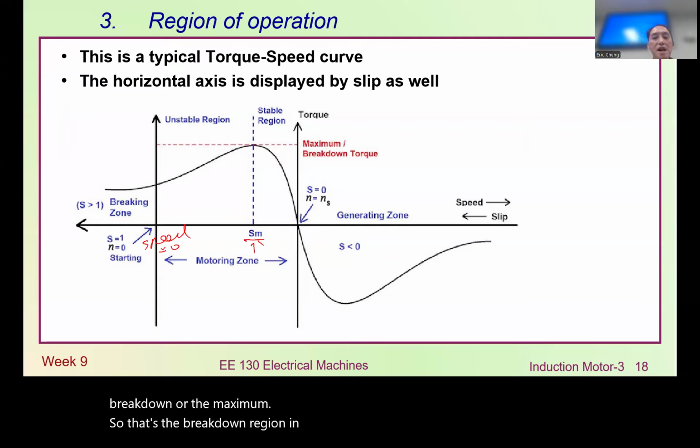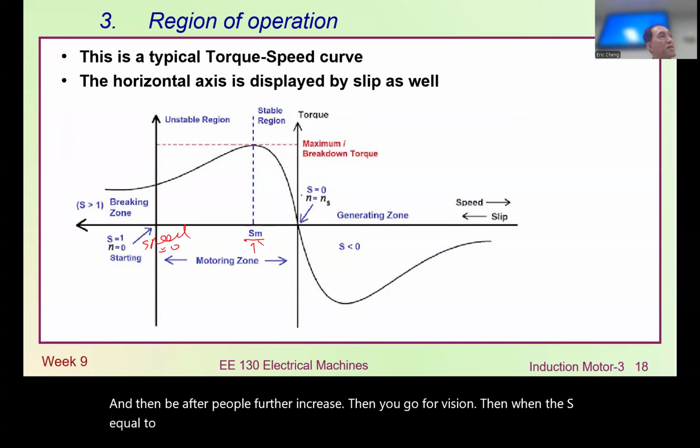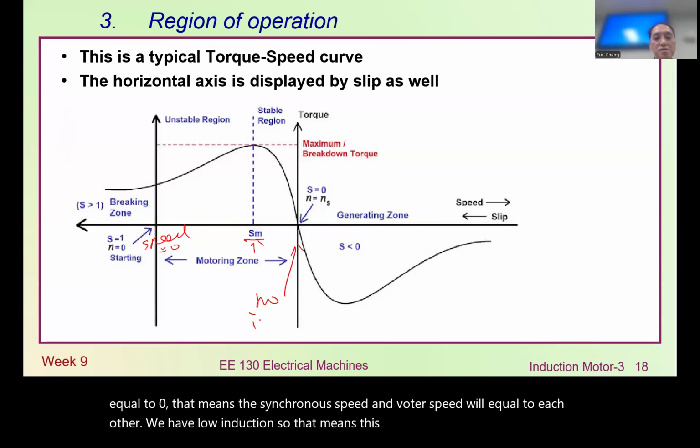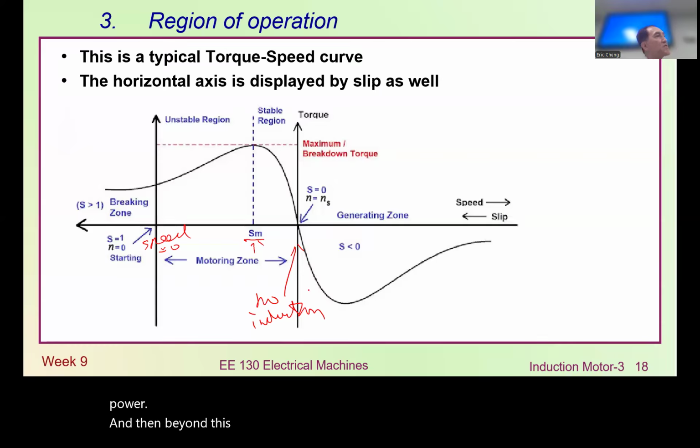And then if you further increase, you go to the next region. When S equals 0, that means the synchronous speed and rotor speed are equal to each other. We have no induction, so this region will have no induction. We're not inducing anything in the rotor. The rotor will lose all its capability, all the power. And beyond this region will become power regeneration.